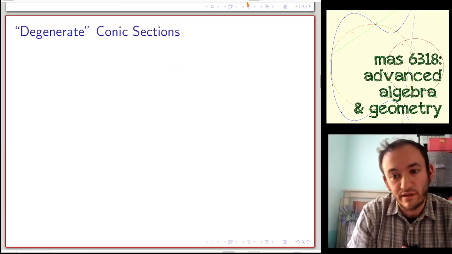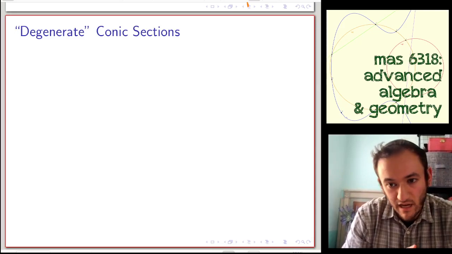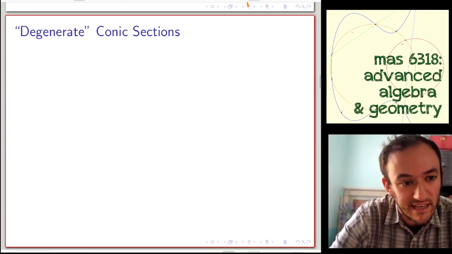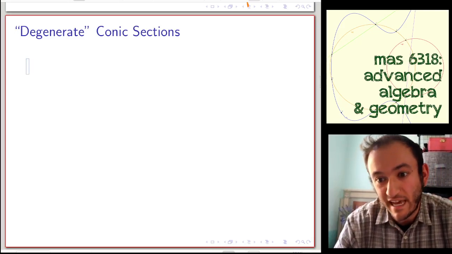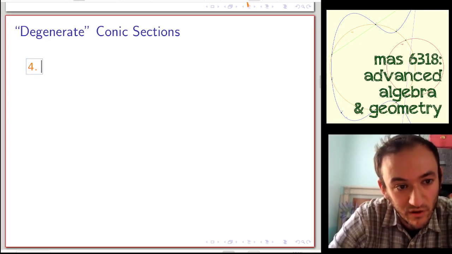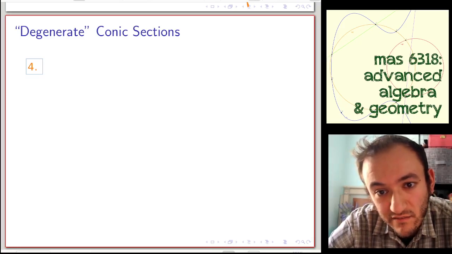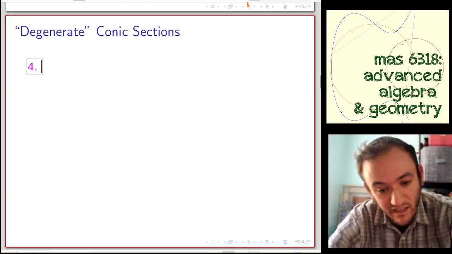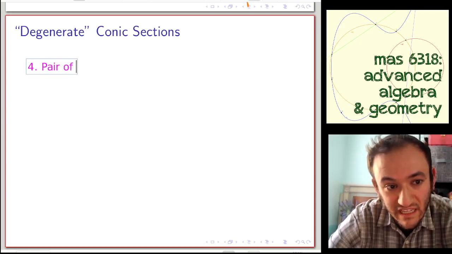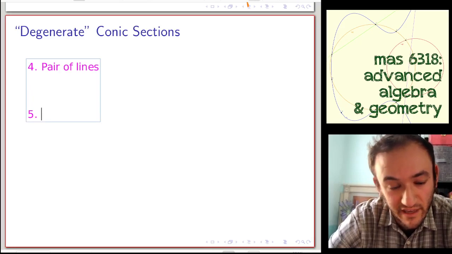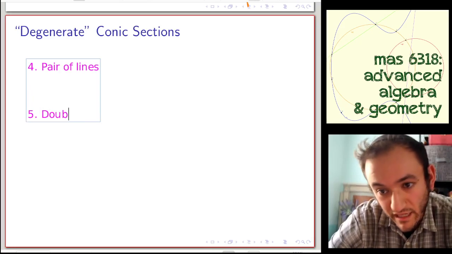In addition to those conic sections, we also have degenerate conic sections. They earn the name of conic sections, but only on something of a technicality. One example of that is a pair of lines. Well, we could also get a double line.